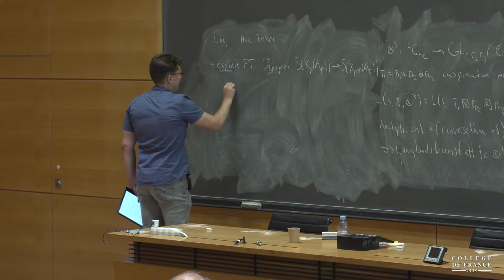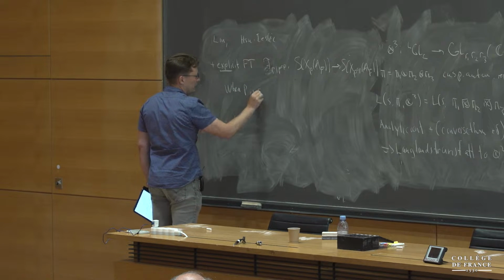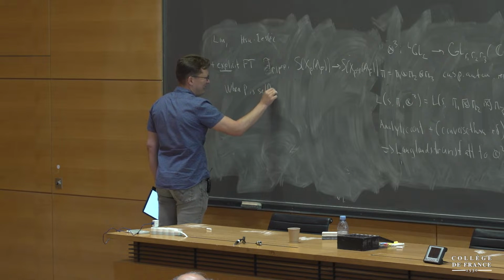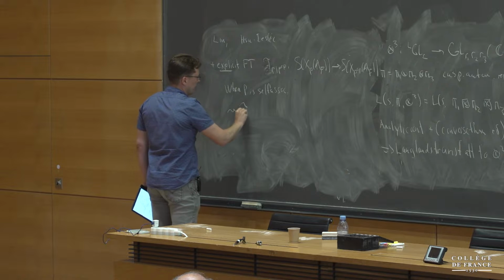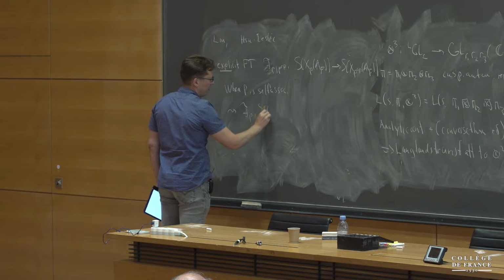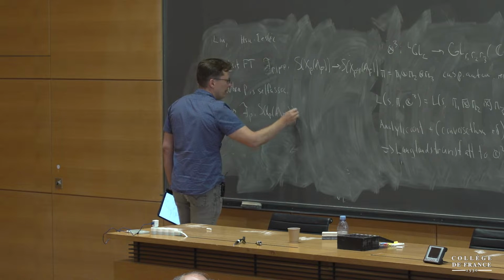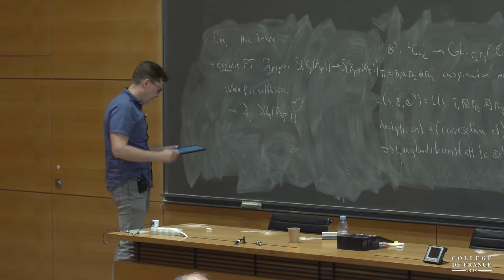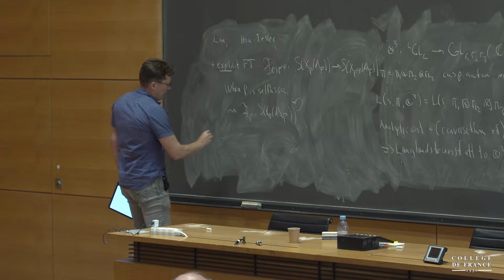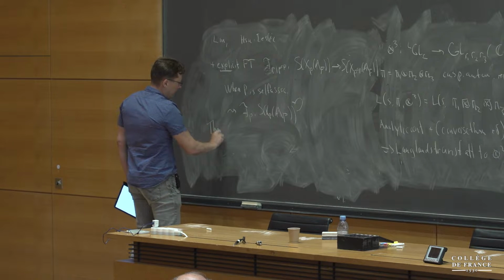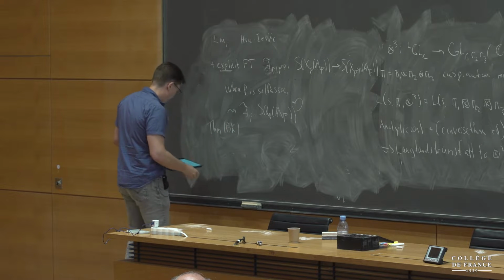So when P is self-associate, you can renormalize this to get a Fourier transform F_P from the Schwartz space to itself. And these extend to L2 and they're unitary, right?